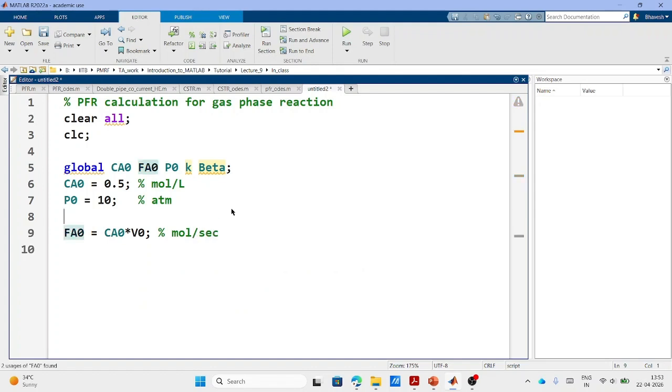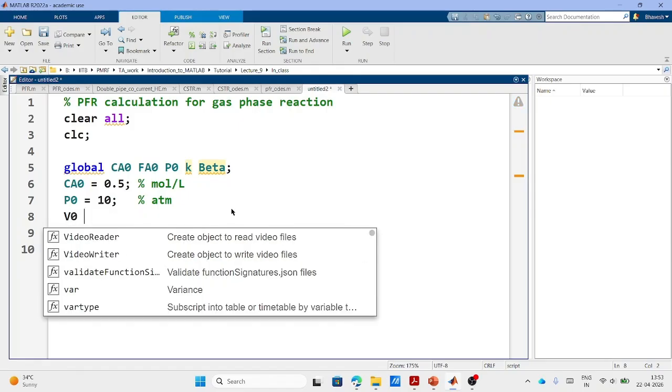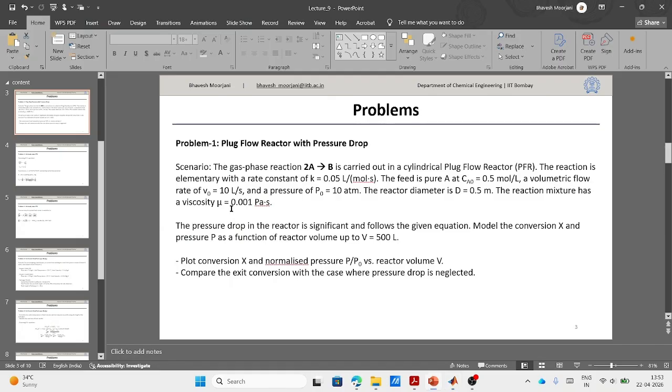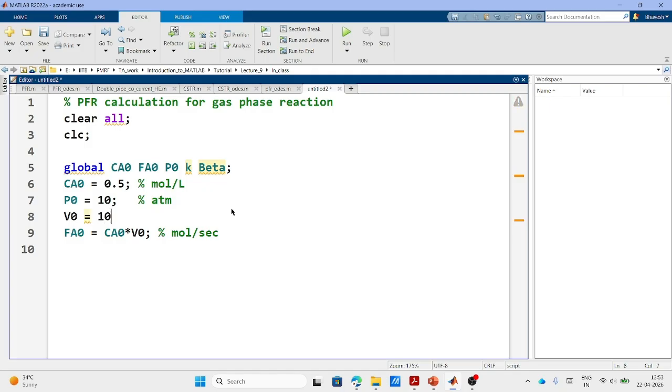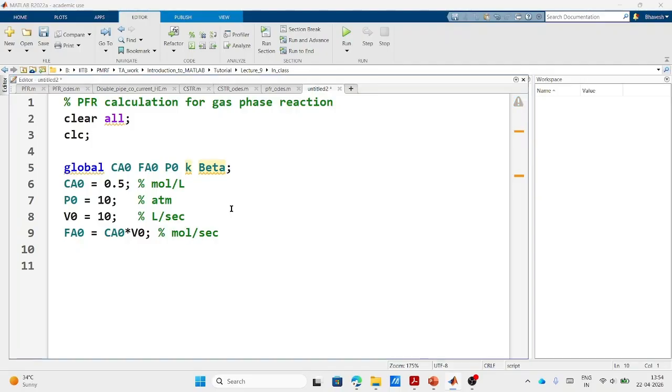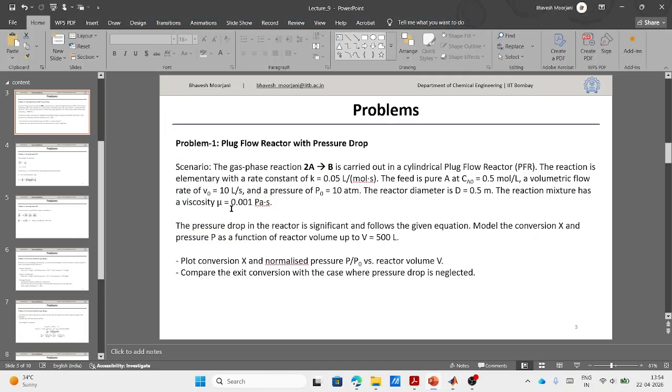The V0 value you also have to put, which is given as 10 liter per second. What else? Diameter and viscosities are given, but we are not looking at that. We will first just look at the variation with respect to volume only.